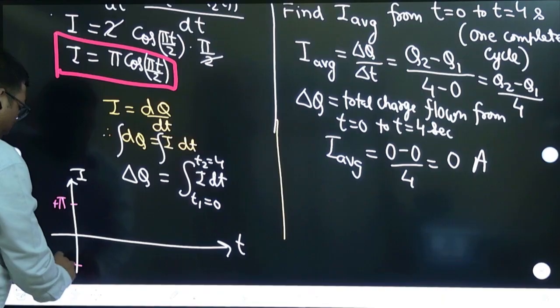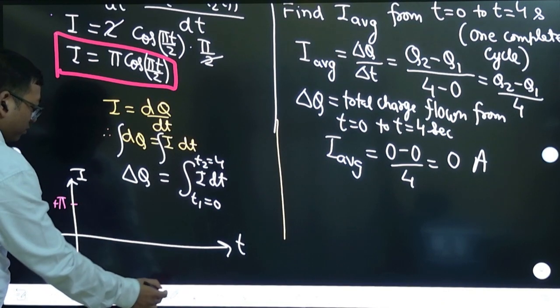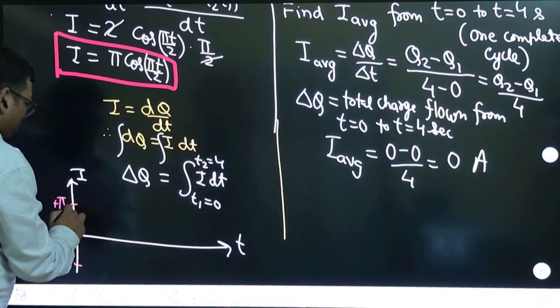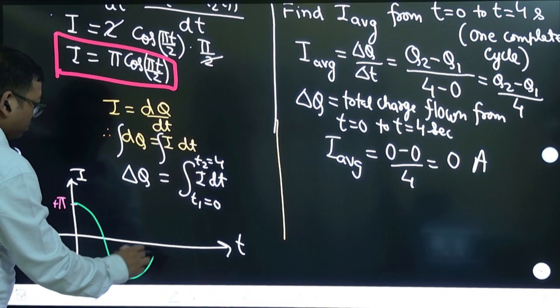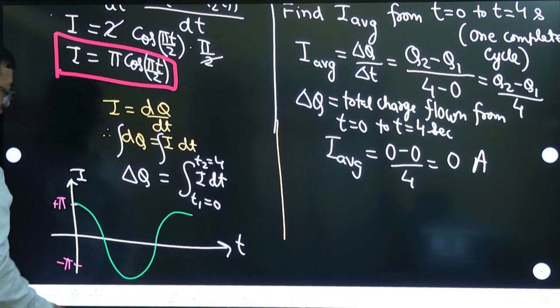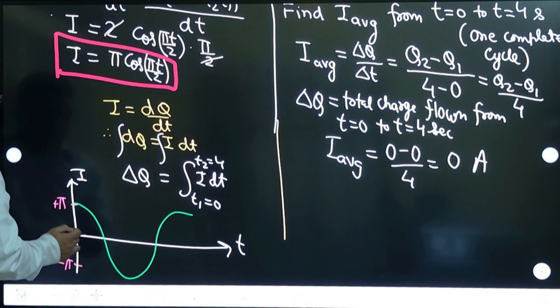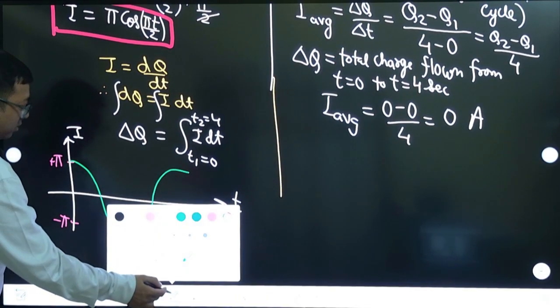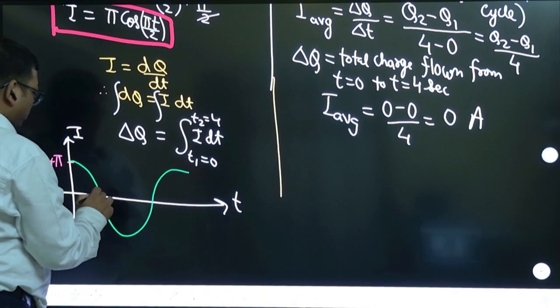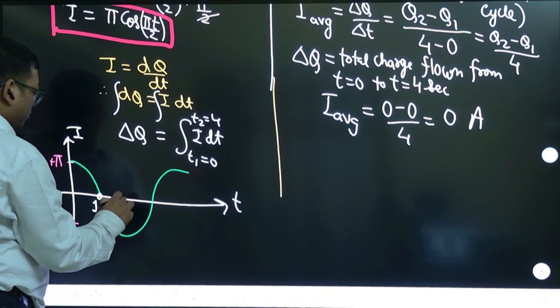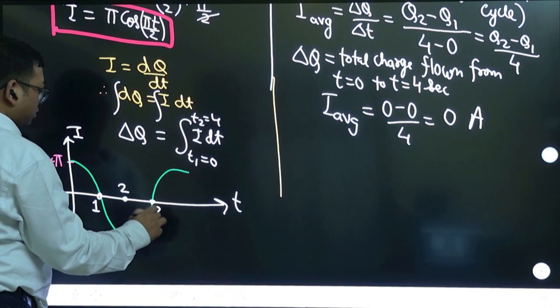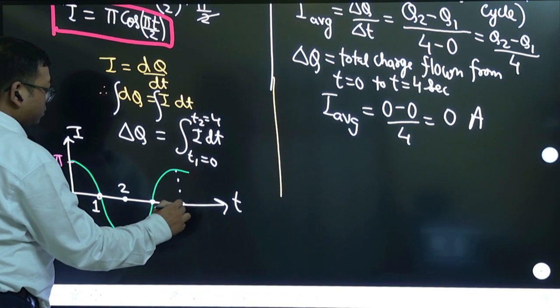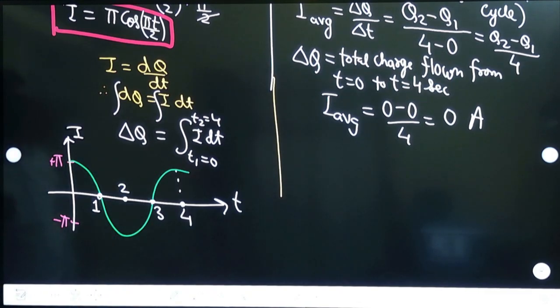I think you know about the cos graph, right? Cos graph looks like this, and the time period of this graph is also the same as the time period of that charge graph. So here also 1 second, 2 second, 3 second, and this is 4 second.